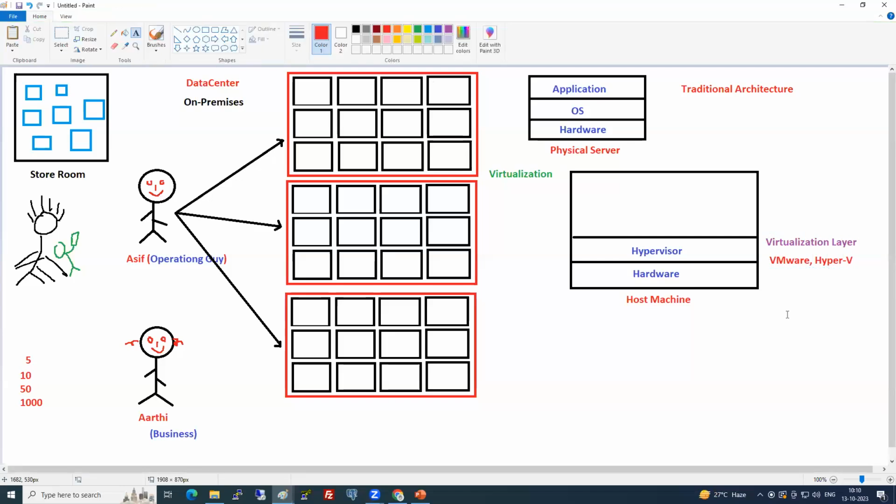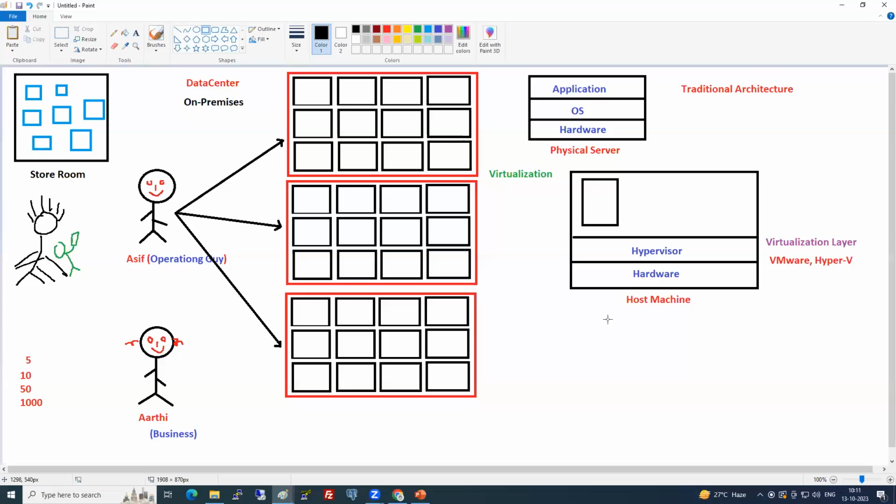Let's say VMware software: if you install it on the machine, on the same machine you can create small virtual machines. On a single physical machine, you can create multiple virtual machines.